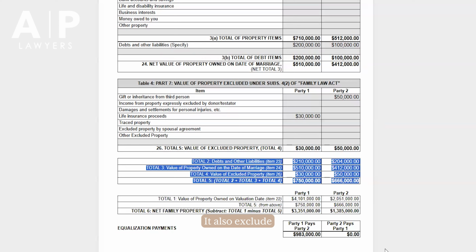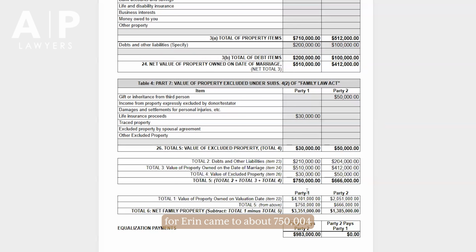It also deducts all of the properties that you owned on the date of marriage, as well as the value of all excluded property. This, for Aaron, came to about $750,000, and for Anne it came to $666,000. And so that gets subtracted from the value of property that is owned on the valuation date.